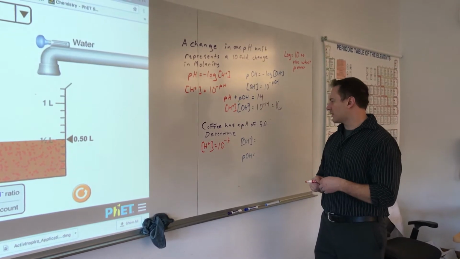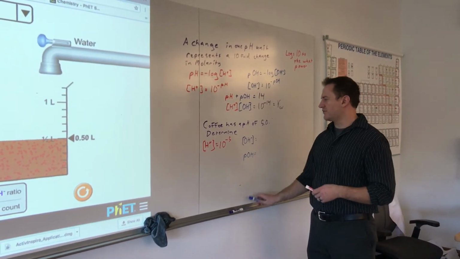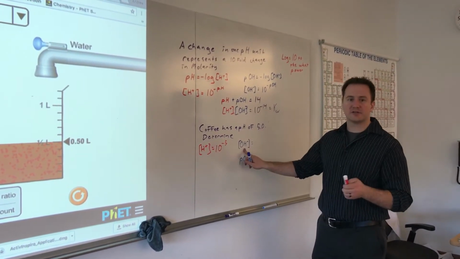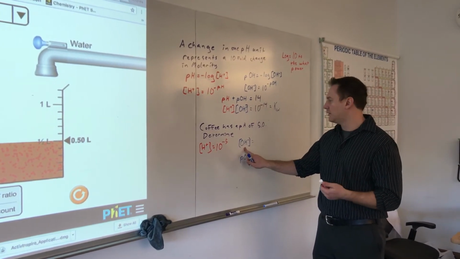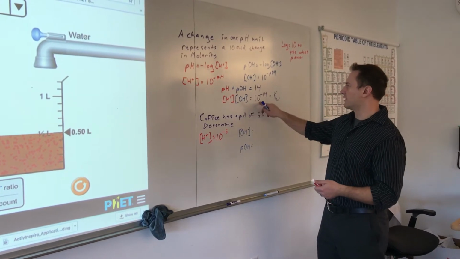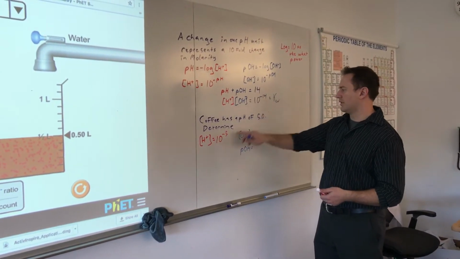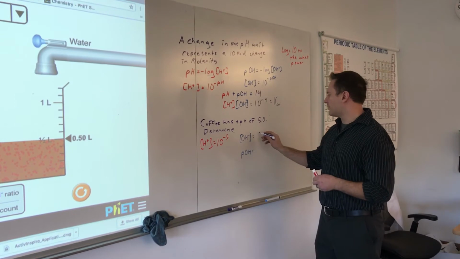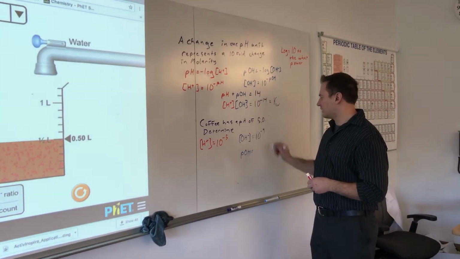The hydroxide ion concentration then, because this value times your hydroxide ion concentration gives you 10 to the negative 14, we could say that the hydroxide ion concentration is 10 to the negative 14 divided by 10 to the negative 5th. So we would have a concentration of 10 to the negative 9th molar.